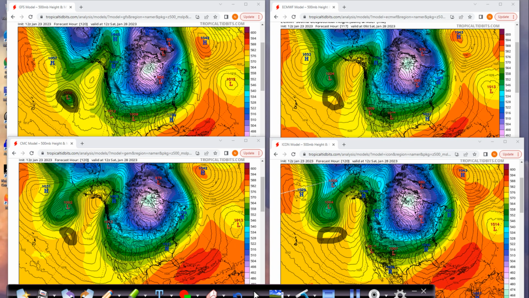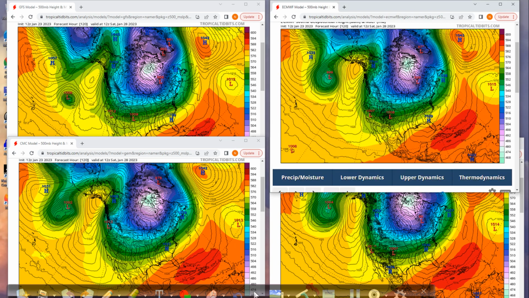So this is one reason why I usually like to discount the U.S. model when it comes to these ridges, because it's usually different than everything else that we see on all the other models. That's not necessarily wrong, but it's usually different.